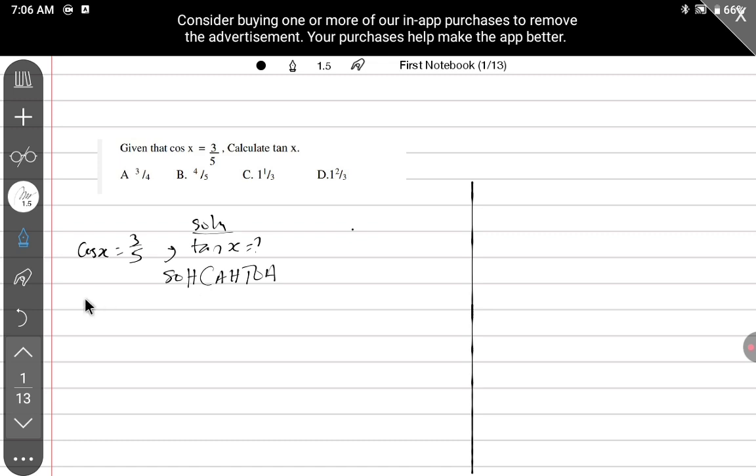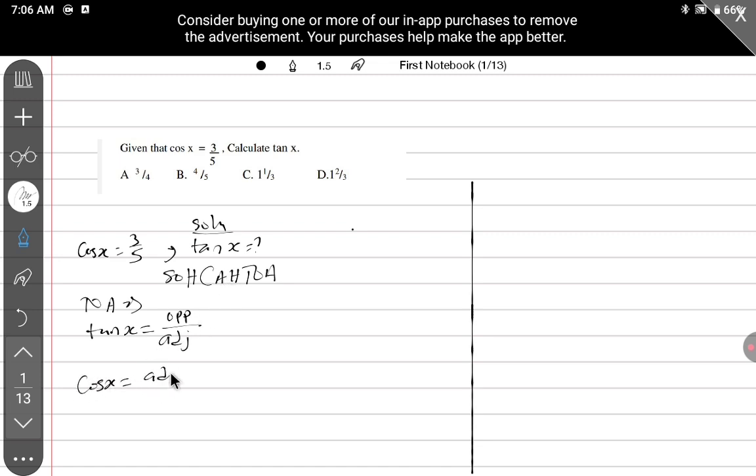Okay, let me break it down. Tan s will be equal to the opposite over adjacent. Now, cos s is equal to adjacent over hypotenuse.